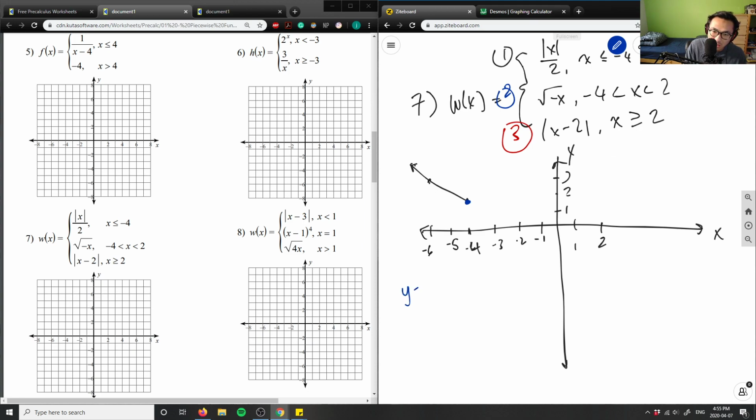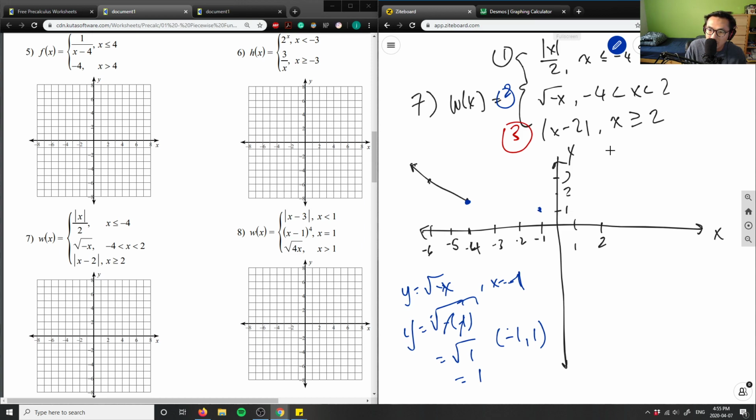So if y equals √(-x), if x equals -1, then I'll have y equals the square root of negative, negative 1, right? These negatives cancel out. I have root 1, which is 1, right? Which means my next point would be at x is negative 1 and y is 1, right? So (-1, 1) would be my next point here.